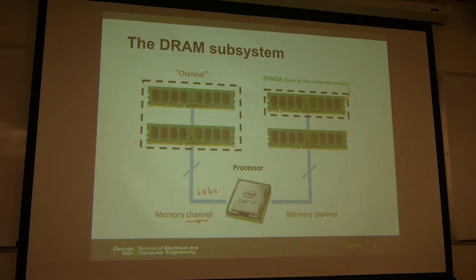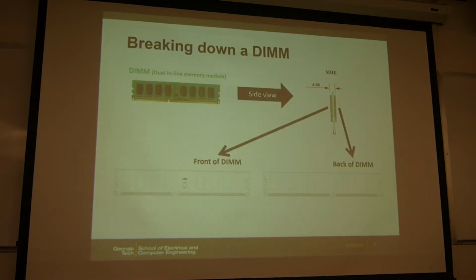If we look into the DIMM, later when you see it passing around, you will see that on the DIMM there are multiple chips. Those are the packaged chips. Sometimes the DIMM has 2 sides, the front side and back side.